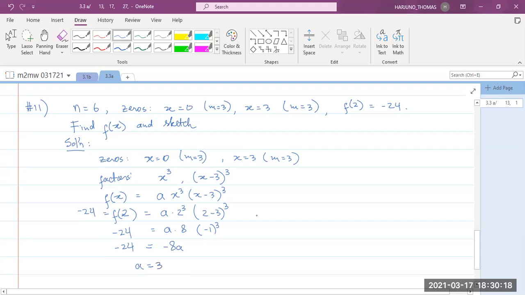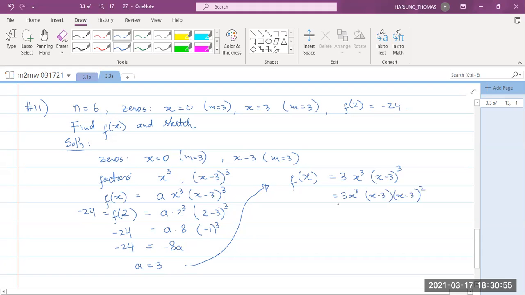Now then continue a bit here. So we have f(x) equals 3 times x cubed times (x minus 3) cubed, or 3x cubed times (x minus 3) times (x minus 3) squared.